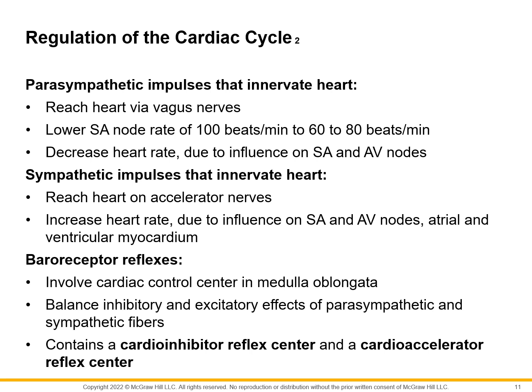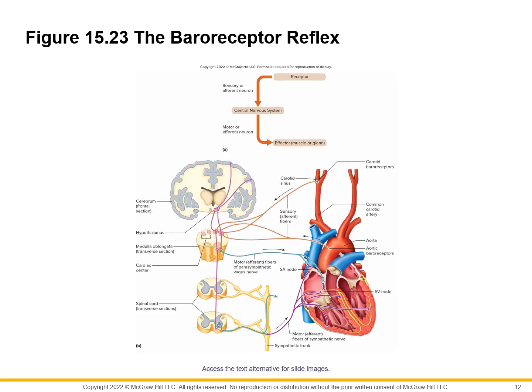So at the level and the site of division, we have baroreceptors. These receptors, which are found here in the arch of aorta, as well here in the division of carotid, common carotid into external and internal, we call them carotid sinus. So we have aortic baroreceptor and carotid sinus. Aortic baroreceptors and carotid sinus are stretch receptors.